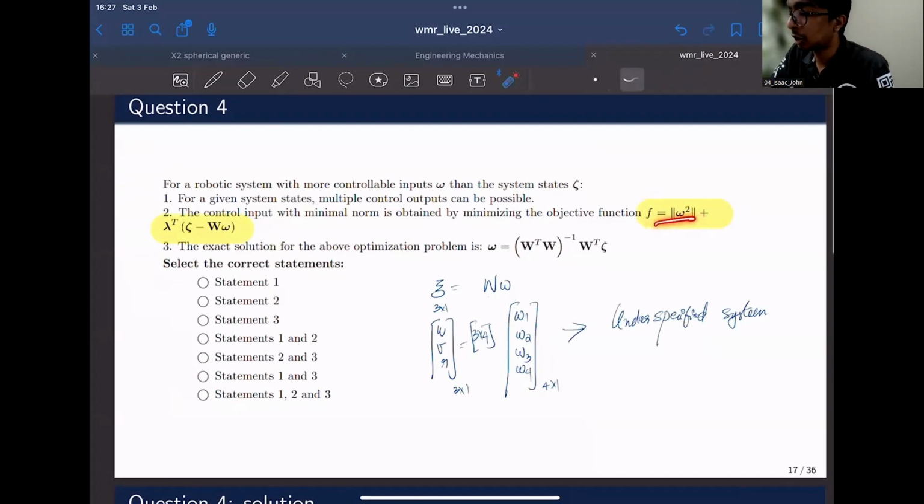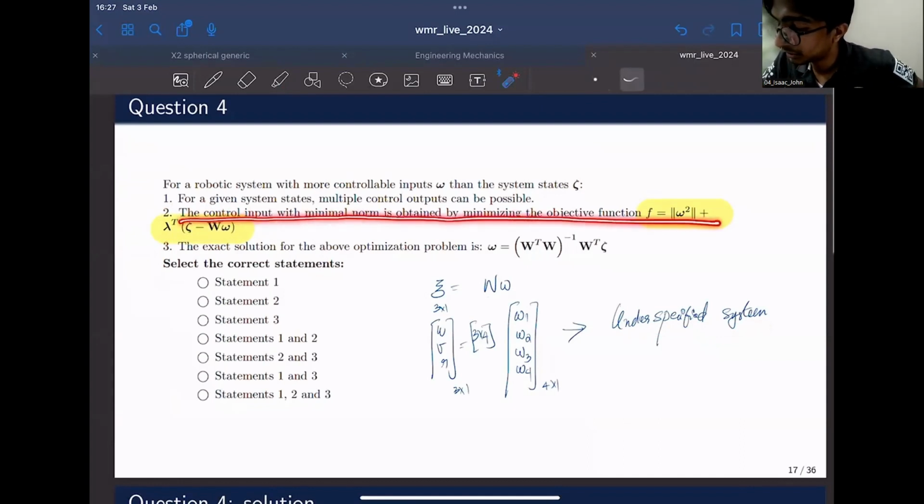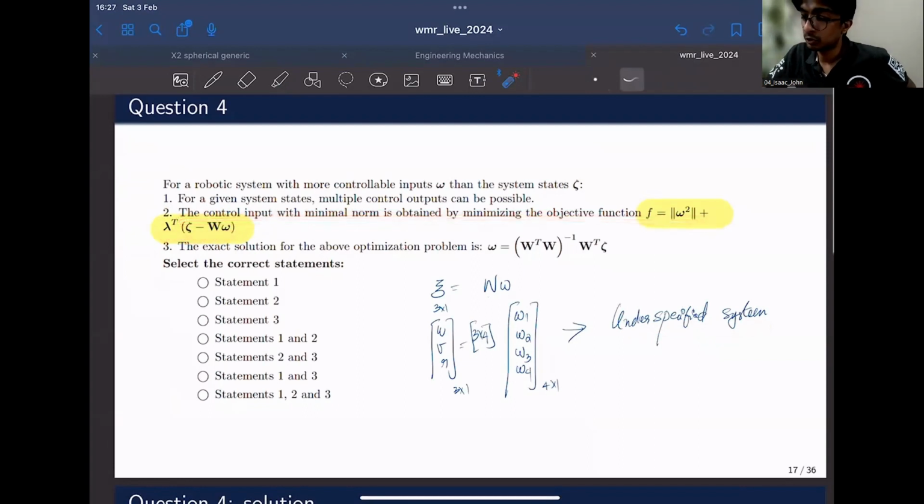We have to find omega such that it satisfies these constraints and also has the minimal norm. So that is true. Statement 2 is actually true because we are dealing with an underspecified system, and to find the minimal norm, we use this objective function. The control input with minimal norm is obtained by minimizing this objective function. So statement 2 is obviously true.